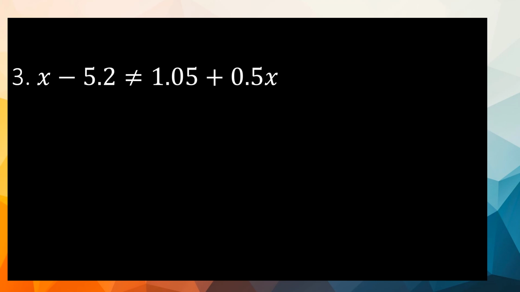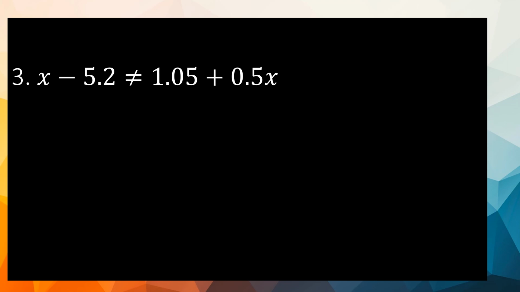Of course you can just solve it straight like this. But if you want it to be in whole numbers, you can multiply it by either 10 or 100, depending on your given. So here we have 2 decimal places at most, the 1.05. So I will multiply this inequality by 100 so that all the numbers will be whole numbers.